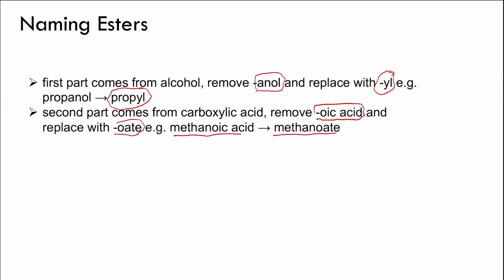So let's have a look at how we would draw propyl methanoate. We have propanol, which is CH3CH2CH2OH, and methanoic acid, which is HCOOH.